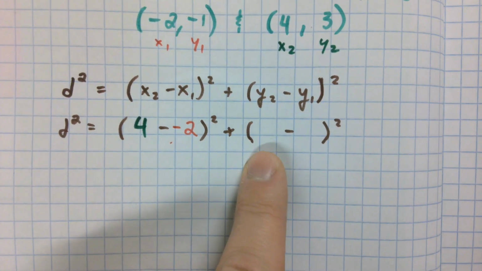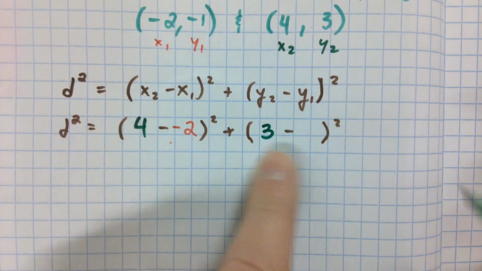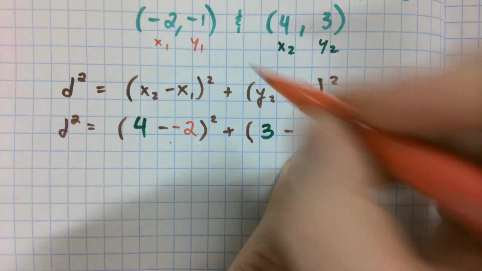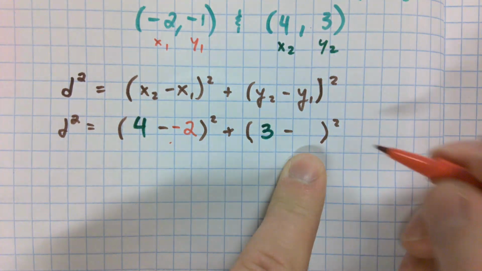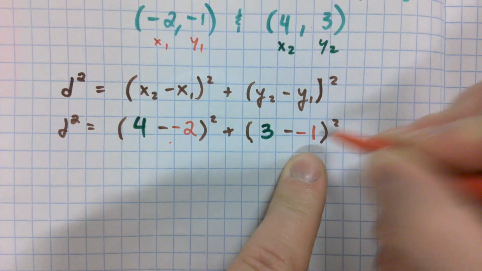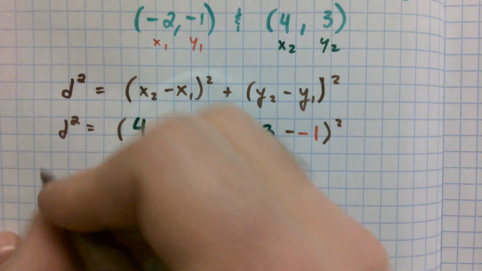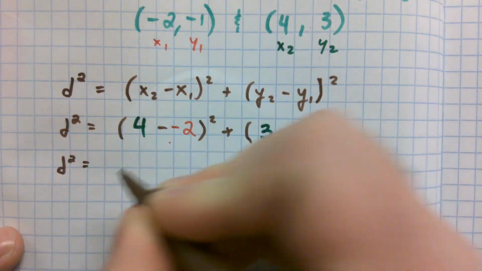What am I going to plug in for y2? 3. What am I going to plug in for y1? Negative 1. Another double minus. I'm going to write this in a separate step just so we don't forget.